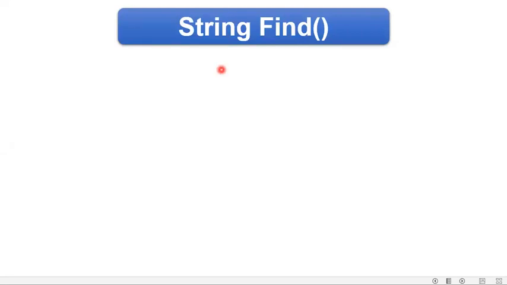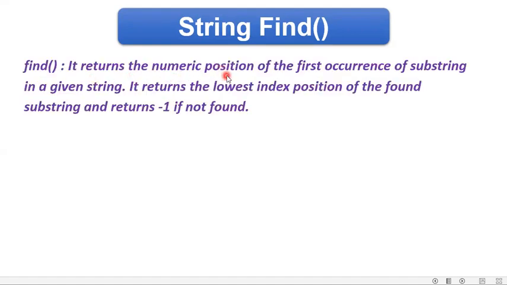Today we are going to talk about the find function of string. So let us understand this. It returns the numeric position of the first occurrence of a substring in a given string. What does it mean? That means the substring which we are looking for in the string, it will return its index position.